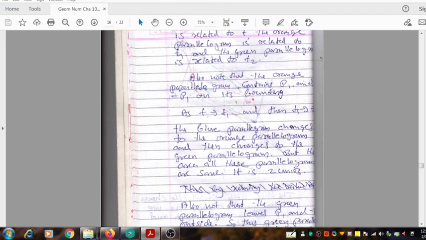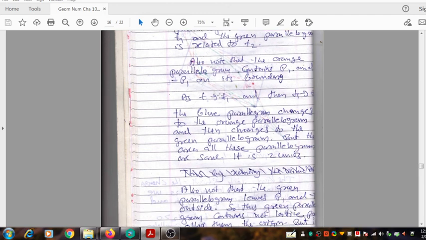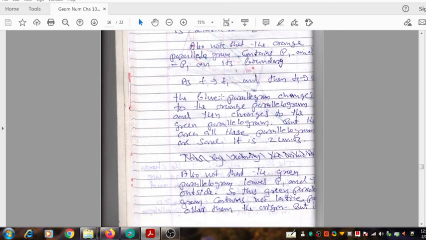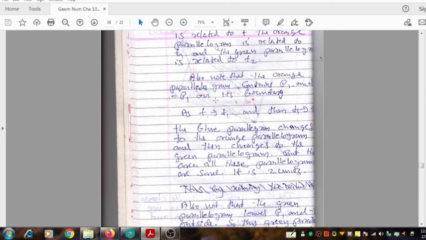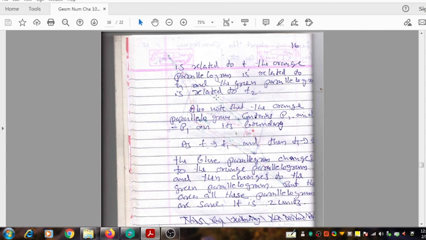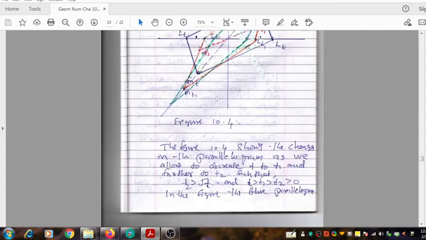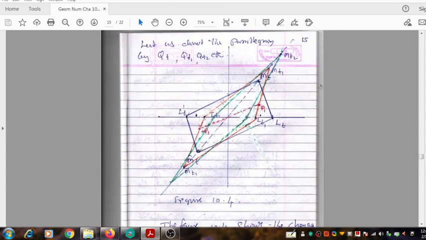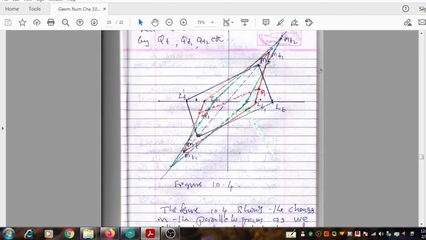Also note that the orange parallelogram contains p1. Then we want to look at the position of p1 along with the changing parallelogram. Thus we have a situation of a changing parallelogram here.